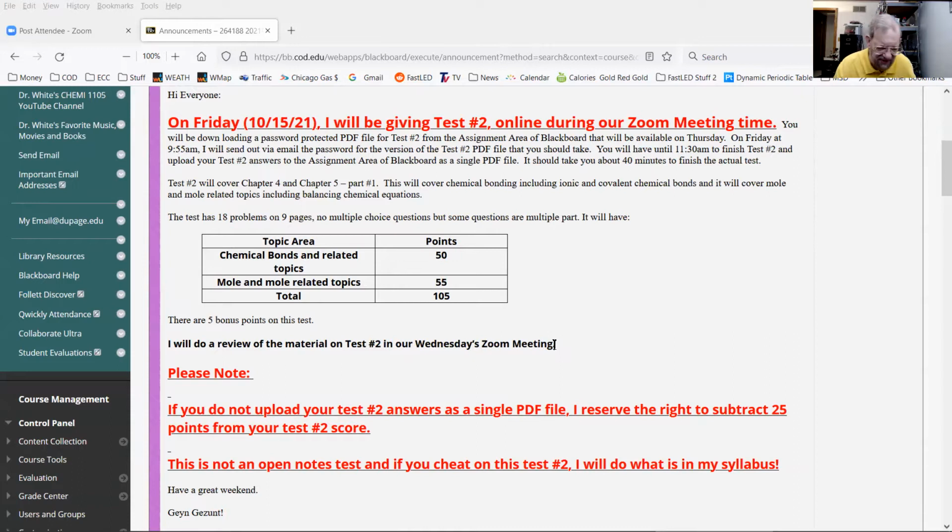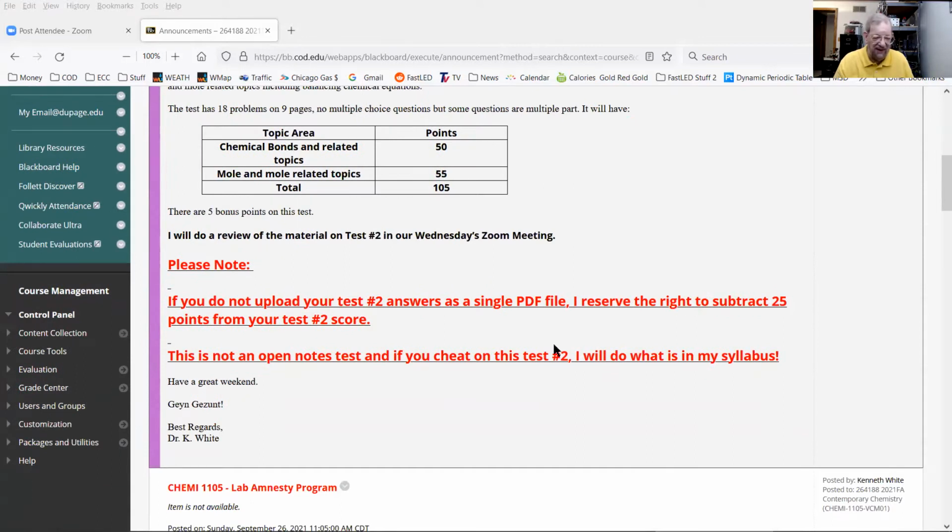Now, this is something new and I should have put it in the first test, but I didn't, and I paid for it, unfortunately. Please note, if you do not upload your test number 2 answers as a single PDF file, I reserve the right to subtract 25 points from your test number 2 score. And if I do, you're not going to like it.